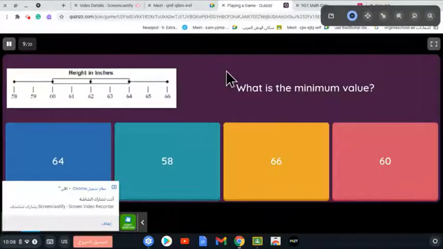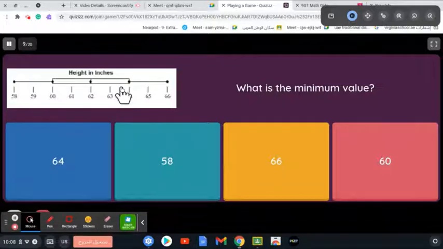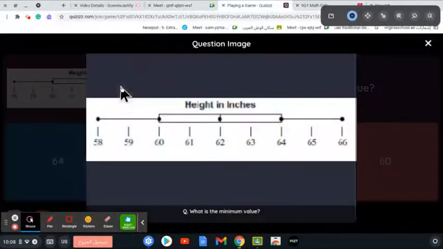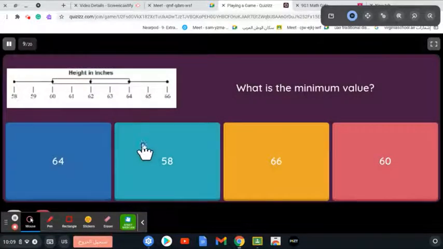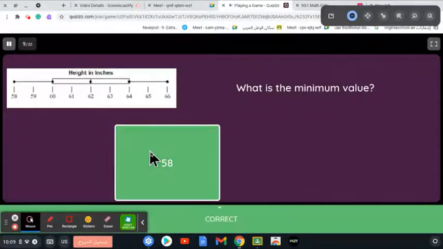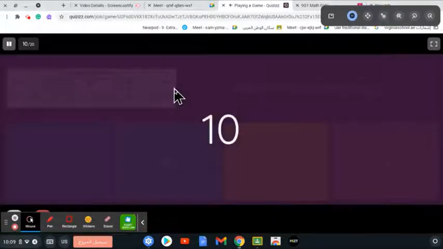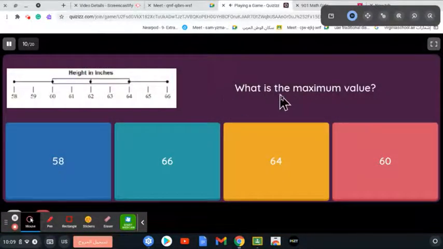The question is, what is the minimum value? By looking at the picture, the minimum value is the least number. It's the least number in here, so it's 58. And here, what's the maximum number?